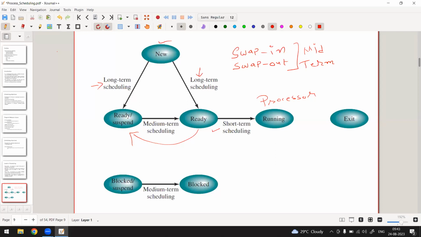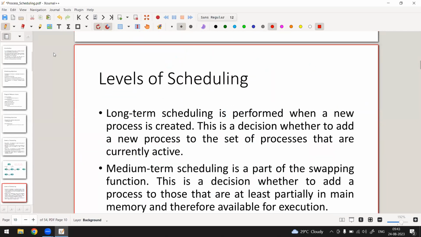Because it comes into the picture only when a new process is created in the system, which is not that frequent. Then the mid-term scheduler and then the short-term scheduler come into the picture more frequently. So these are the levels of scheduling.